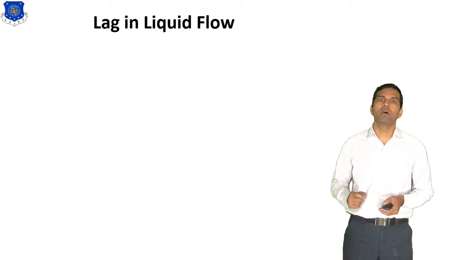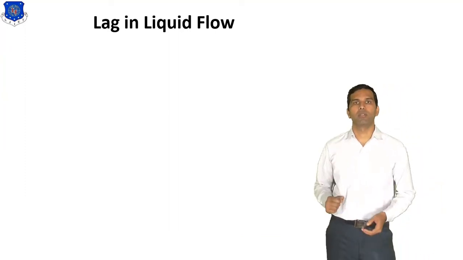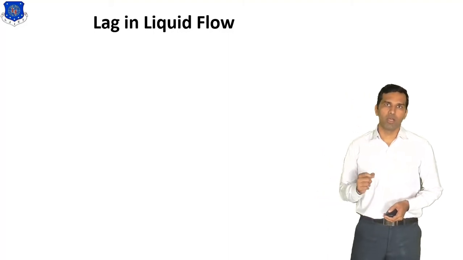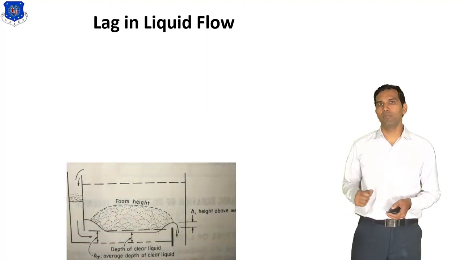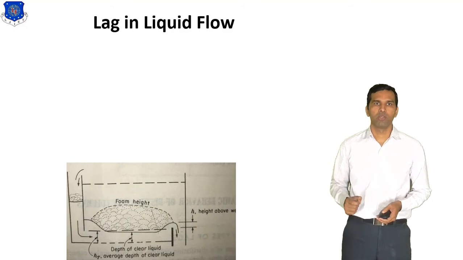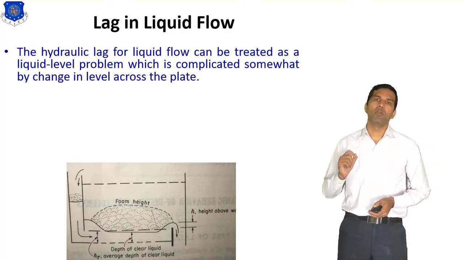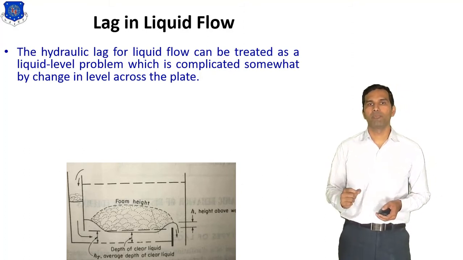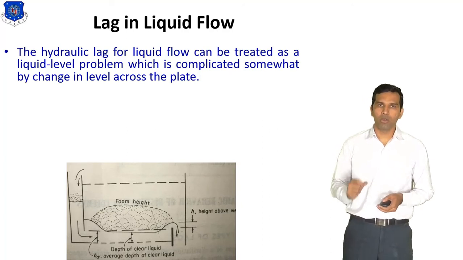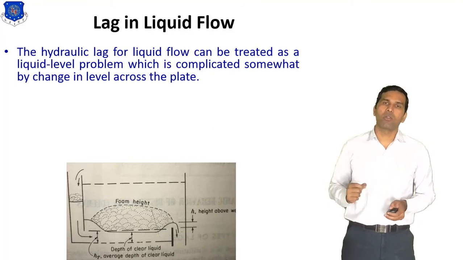Now we discuss the first type of lag, that means the lag in liquid flow rate. This is an important question from the GTU point of view. The hydraulic lag for the liquid flow can be treated as a liquid level problem, which is complicated somewhat by the change in level across the plate.